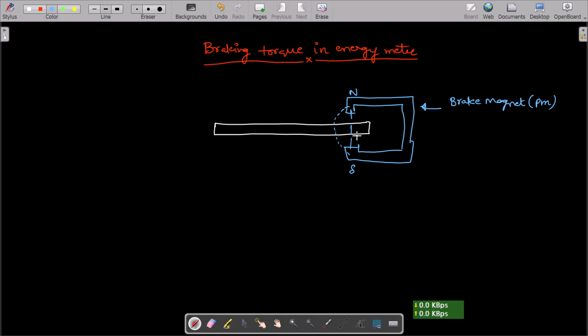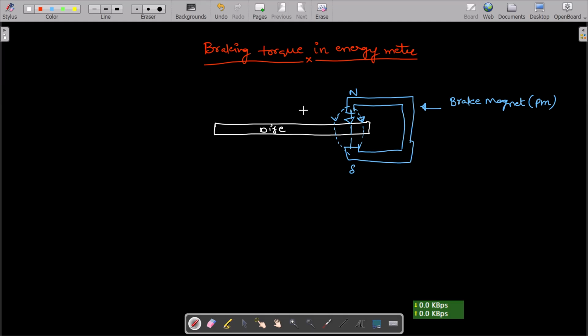It is traveling like this, and which is cutting that disc, and this is a DC flux, and this is nothing but that disc.